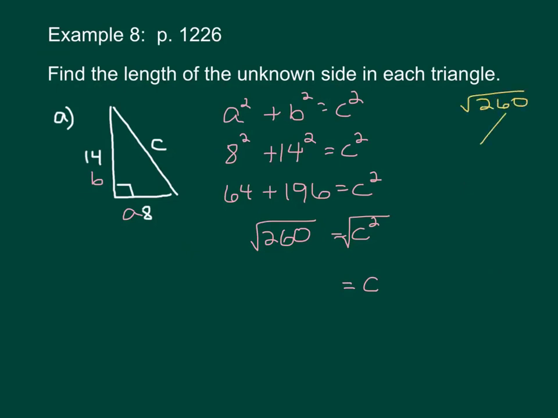So remember, I'm trying to find two numbers that multiply to give me 260, but one of those has to be a perfect square.